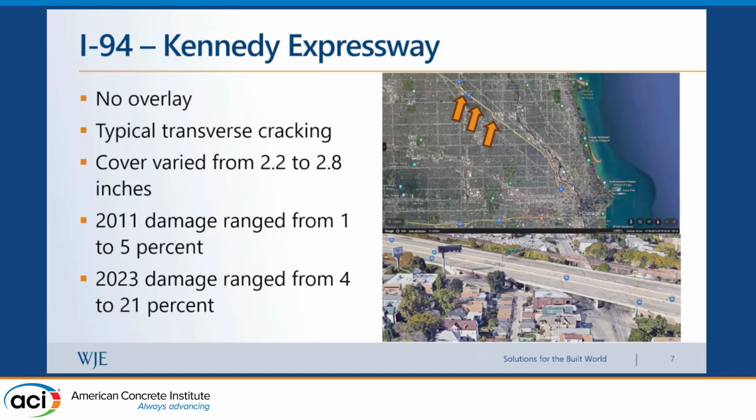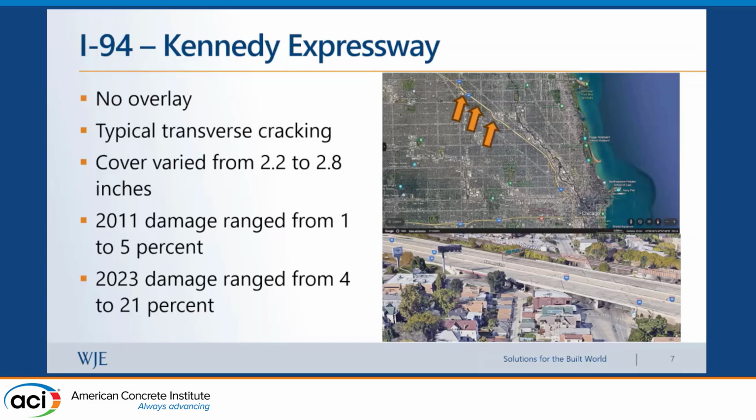So going into a little more detail on the structures that we investigated. For the Kennedy Expressway, those bridges were constructed in 1992. They didn't have an overlay, and based on the initial investigation in 2011, these bridges showed typical transverse cracking.